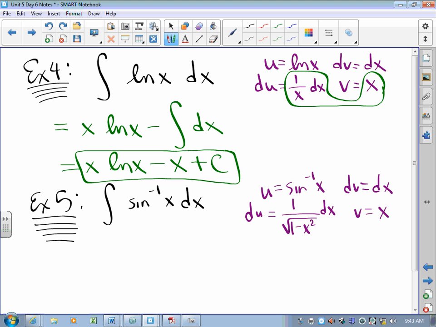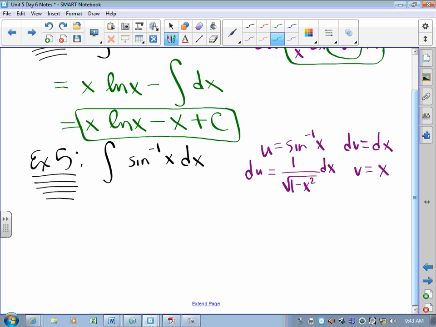Well, what does that mean? That means that the integral in question for me is uv minus the integral of v du. Oh, don't even.